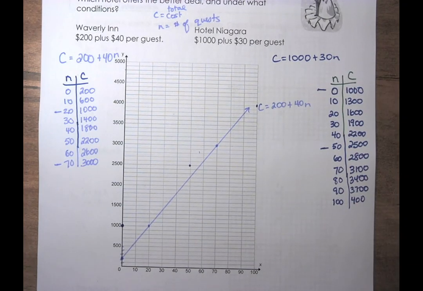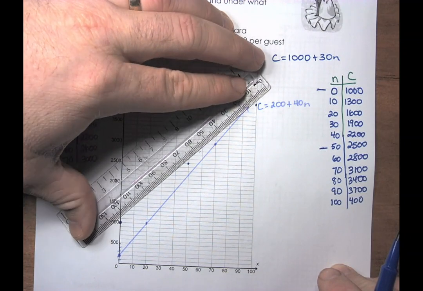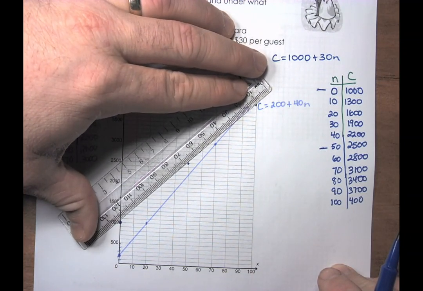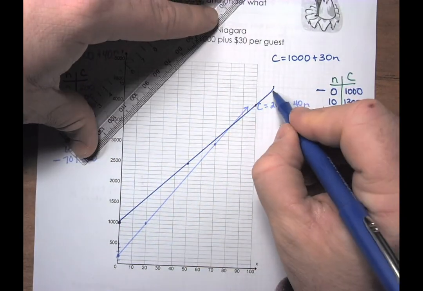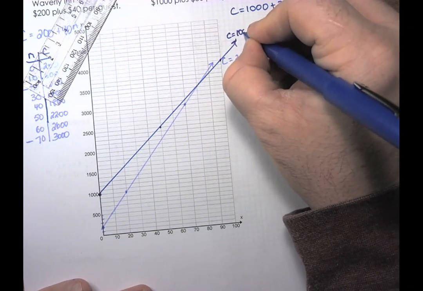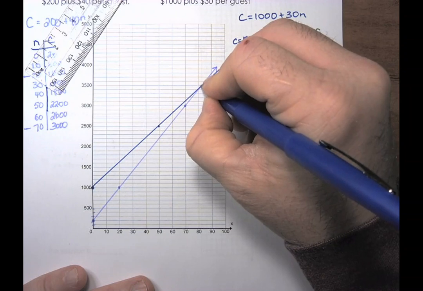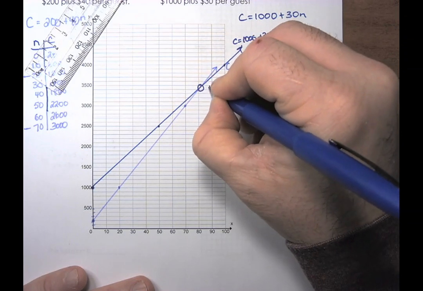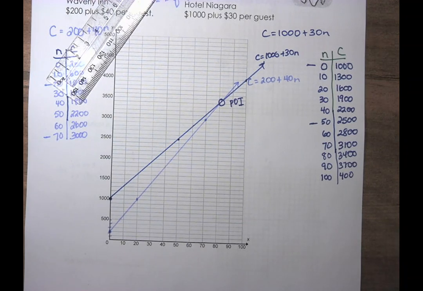I think that's the line. All right, so we're going to try to connect the dots. So this one is C equals 1,000 plus 30n. And we look at that and say to ourselves, point of intersection has got to be about there. So it's in about the 80 range, I think.